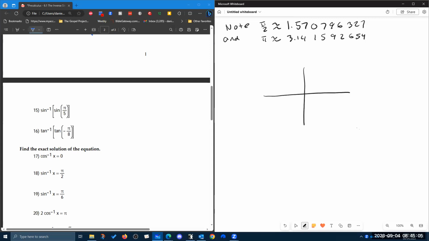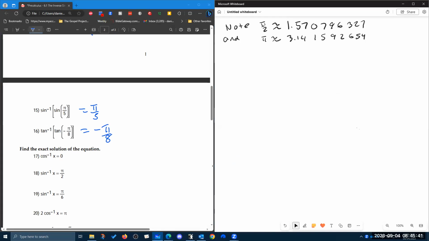Sine of pi over 5. So that again is in quadrant 1. So when I return the arc sine of that, I get the same angle, pi over 5, and arctangent of negative pi over 8. Negative pi over 8 is in quadrant 4, which arctangent is allowed to return a negative angle from quadrant 4. So we just return that.